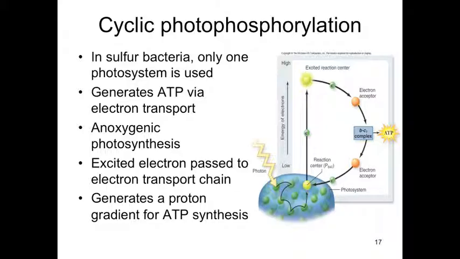The electron is then passed to an electron acceptor embedded in the thylakoid membrane. Here, it generates ATP through the process of electron transport and chemiosmosis, just like we see in cellular respiration. So again, this was the first photosystem that was discovered, and thus it's called Photosystem I.